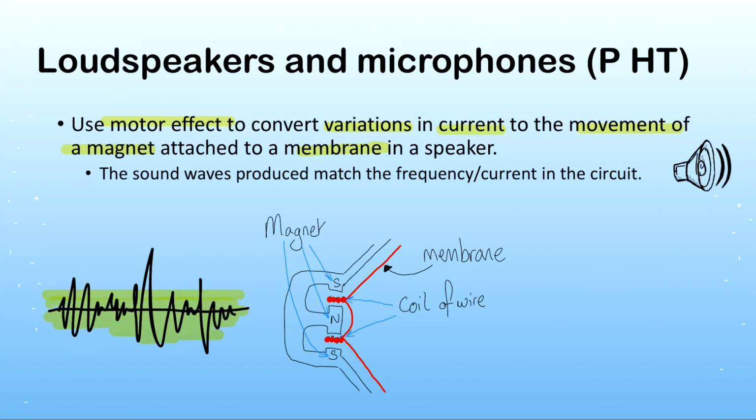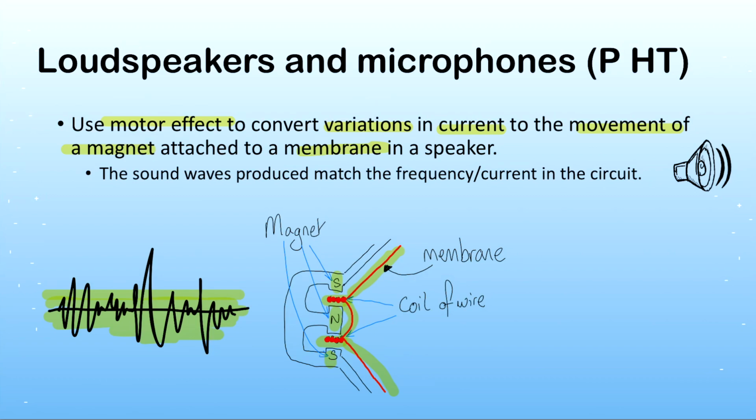And what each of these little fluctuations will do is cause a force on the membrane, this red part here, because you have a coil of wire which has the current running through it, which is sat inside the magnetic field.